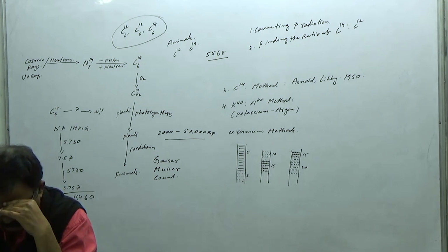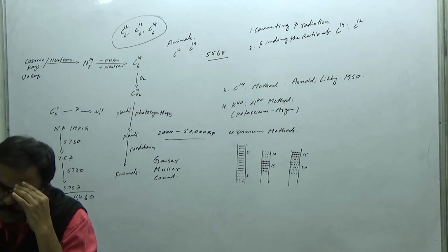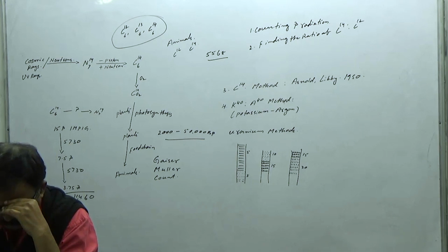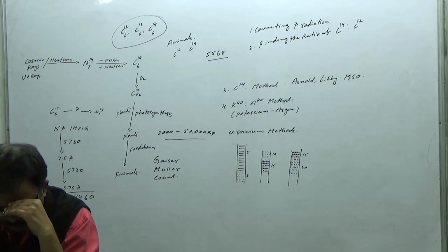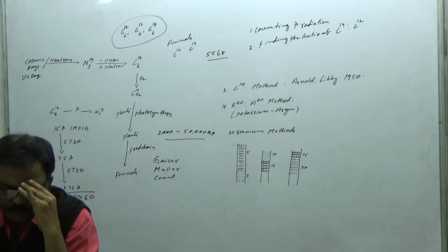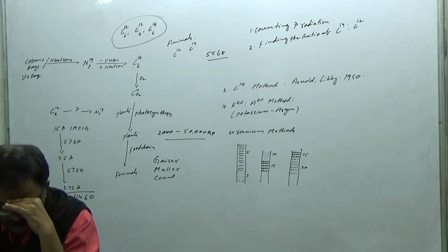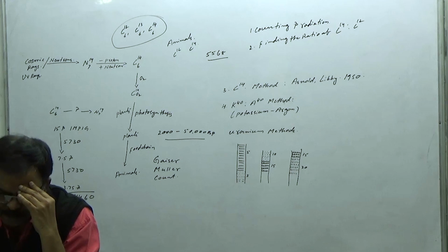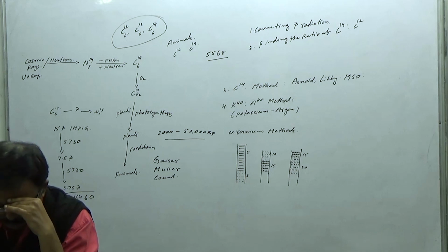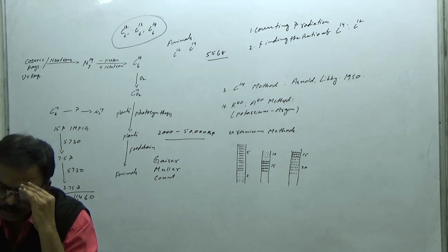Its production may fluctuate due to magnetic field or solar activity. Next point, its standard deviation is 150 plus or minus years.